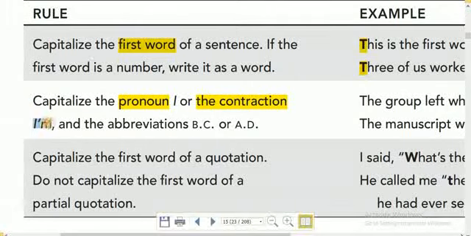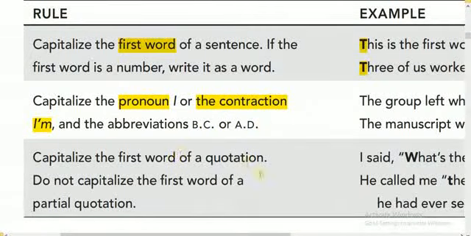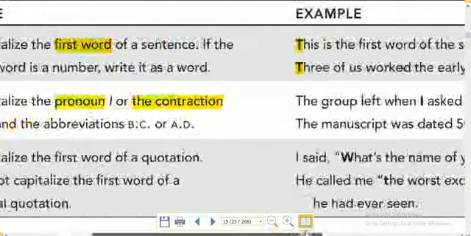Just like your, his, she's, contractions. And the abbreviation: every single abbreviation you see, you capitalize it. A, B, C, or AD. This is a rule. Okay, let us see the example.